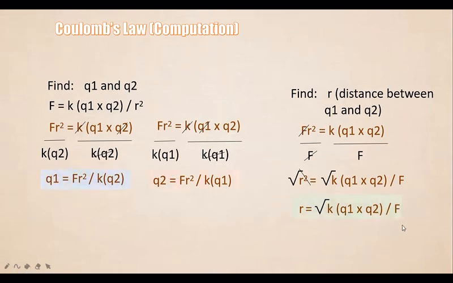So these three are the formulas that we need to use in finding the Q1 or charge of first object, Q2 or the charge of second object, and R or the distance between the two charges.